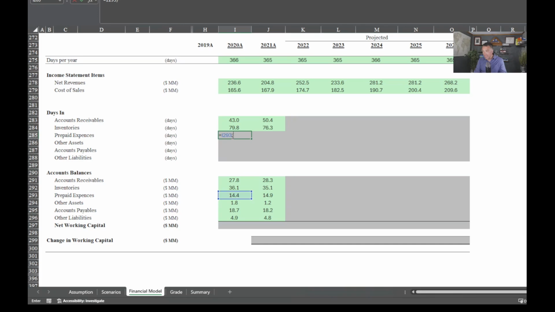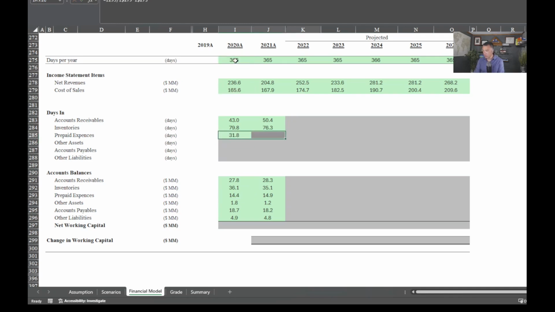Then I'm going to divide it by cost of sales. I want you to think about it. I want it to drag to the right, but not down. I want cost of sales by all these items. So I'm going to hit function F4 twice. I don't want it to go down, but I do want it to drag to the right. And then I'm going to multiply it times the days, and then I'm going to hit function F4 twice again.